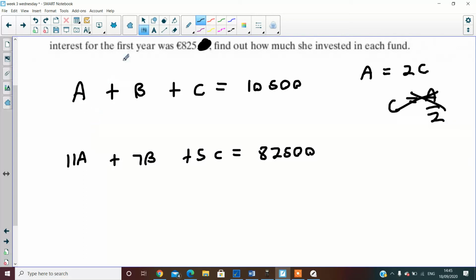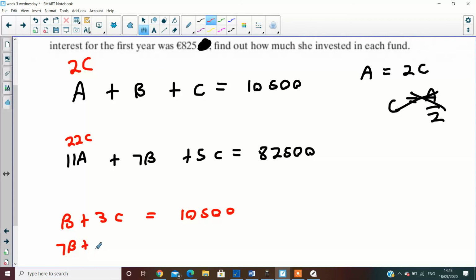I'm going to replace A with 2C in both equations. And then what do the two equations become? B plus 3C equals 10,500. And what about the other one? 7B plus 27C equals 82,500. Now what do we do?